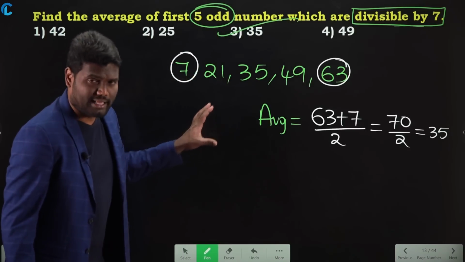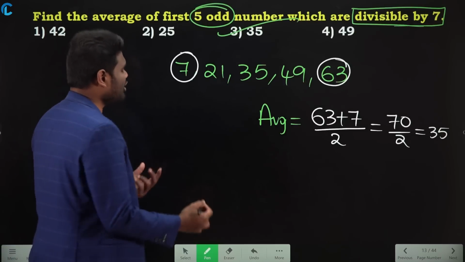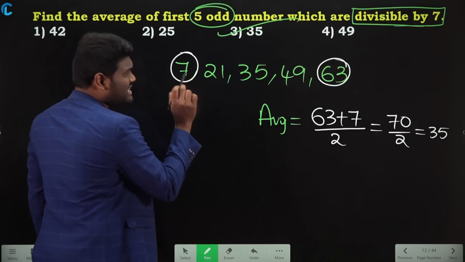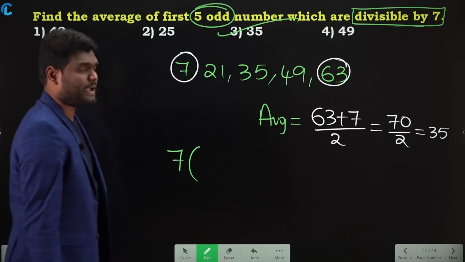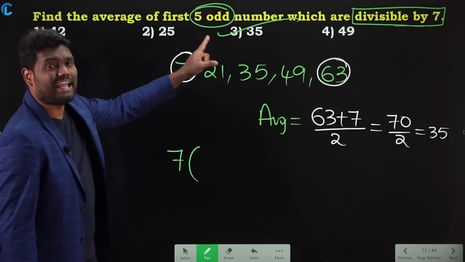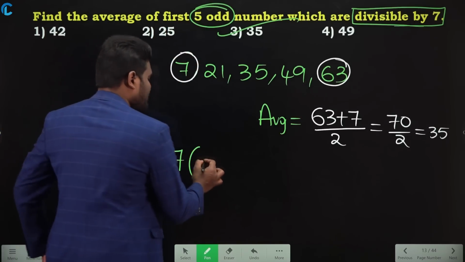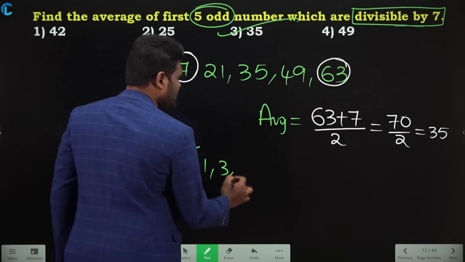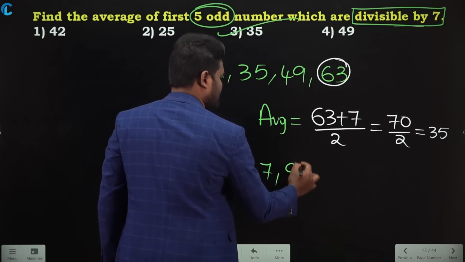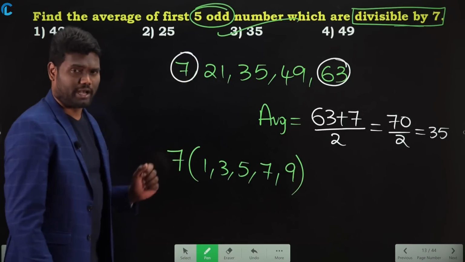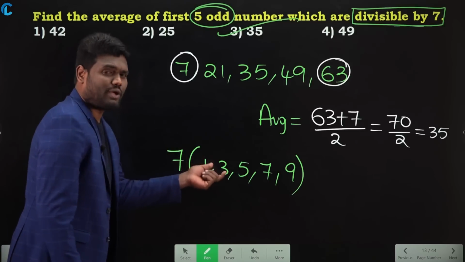Either you can solve them in this way or else you can solve them in this way also. As the question is saying divisible by 7, okay, and it should be 5 odd numbers. So odd numbers are 1, 3, 5, 7, 9. These are the first 5 odd numbers. Now for this I need to calculate the average.